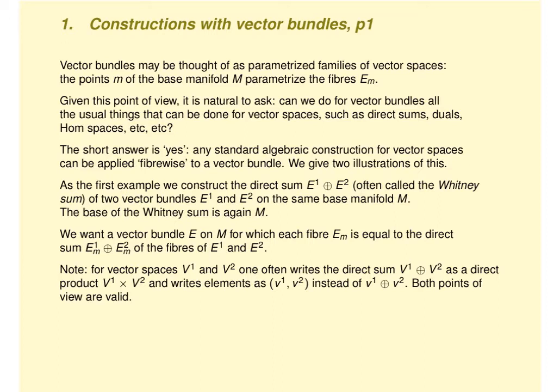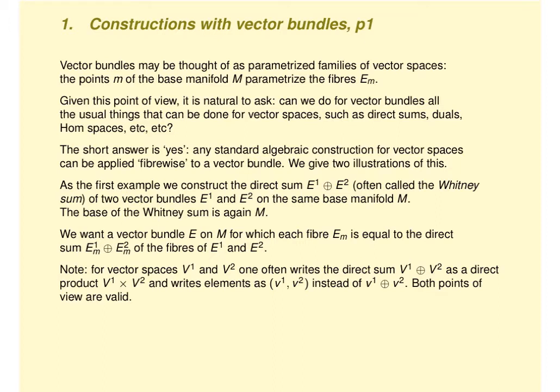And given that, it's reasonable to think that if you're doing something standard algebraically to each vector space, to each fiber of the vector bundle, and that's a construction that's natural, first of all in the ordinary sense of the word, and secondly in the categorical sense of the word, then it will be uniform across the base manifold and will give you a construction for the vector bundle. There are exceptions.